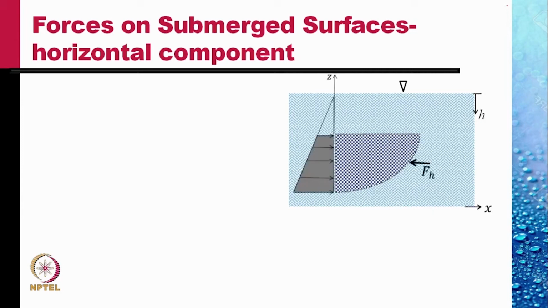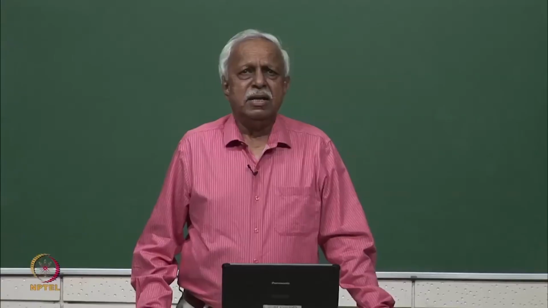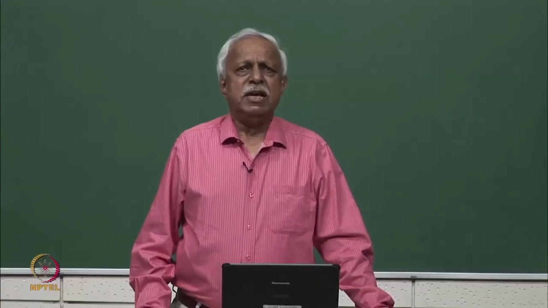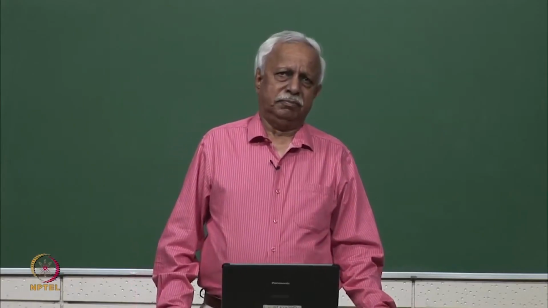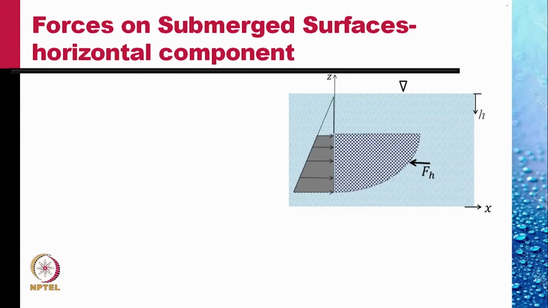One, the Fh, the reaction of the force on the plate, acting to the left, and a horizontal force acting on the flat surface to the left of this body. This would be the hydrostatic force varying linearly from the top to the bottom. This is the force we have already calculated.